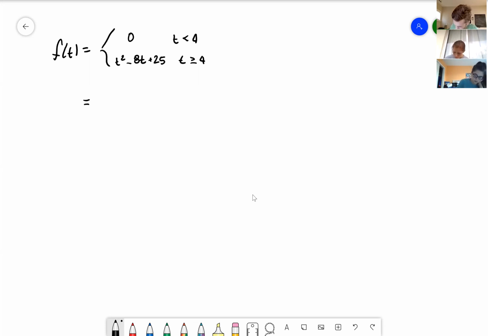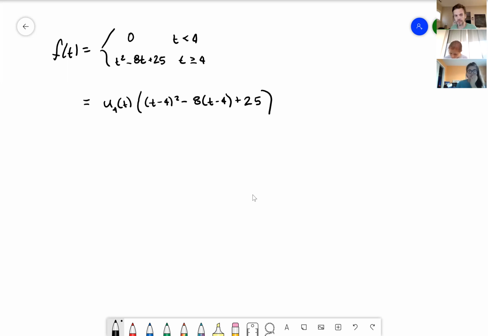So this is going to be u4 of t. It's going to start at 4, and then it's going to be this thing delayed by 4 units. So t minus 4 squared minus 8 times t minus 4 plus 25.